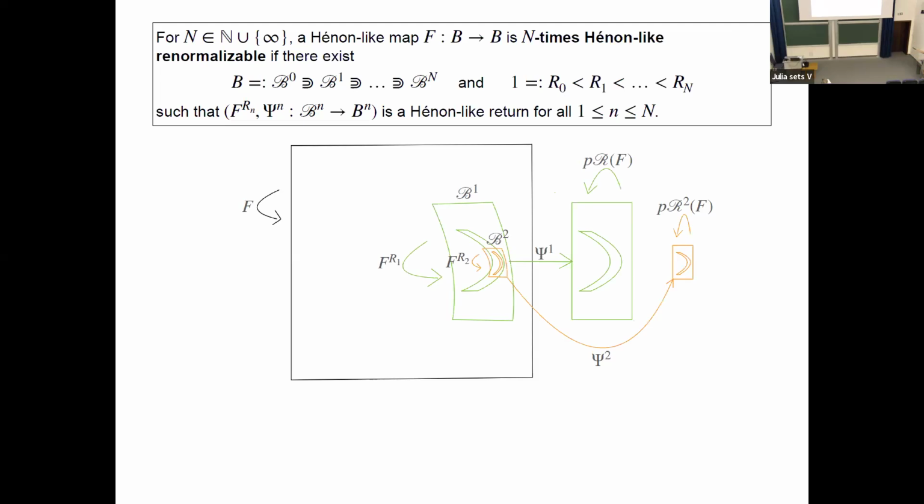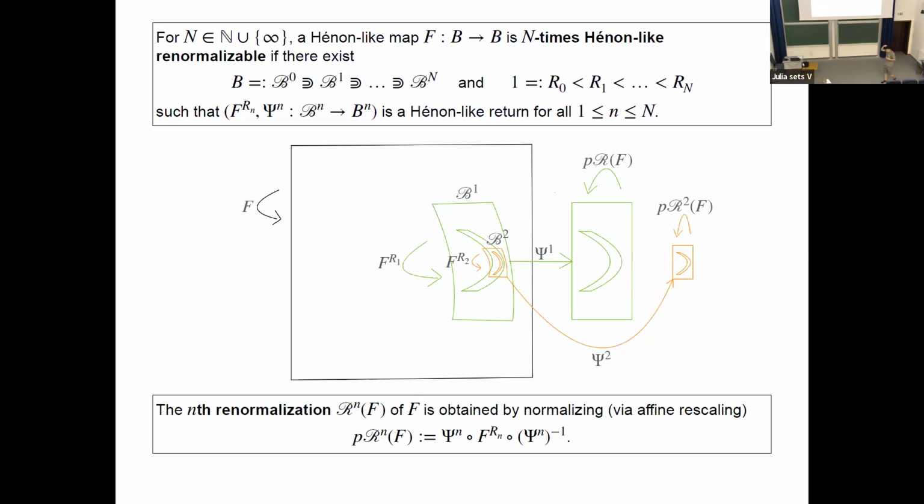And on these periodic domains, there are returns after the periods. So the periods I denote R1, R2, and so on. And on each of these domains, there's a straightening chart, which turns the return map into a genuine Hénon-like map, right? And we call these straightening charts psi1, psi2, et cetera.